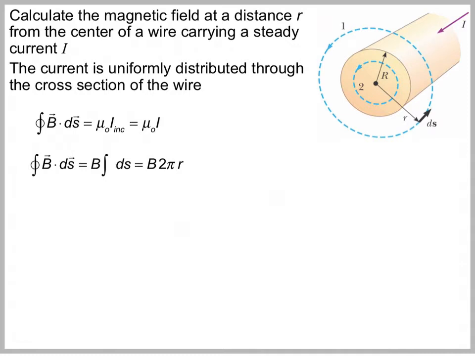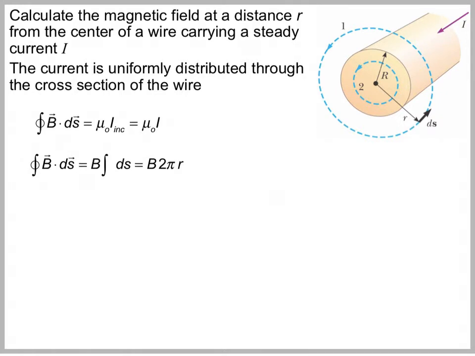Well, everywhere along this path we know from symmetry the magnetic field has to be the same. And B is going to point in the direction that I'm integrating, this little ds. So the dot product gives me 1. The B comes out, and I integrate ds. Well, integrating ds is just the length of this path, which is the circumference, which is 2 pi r.